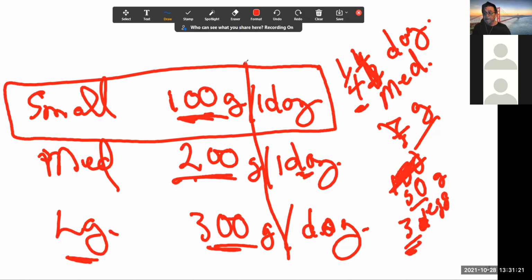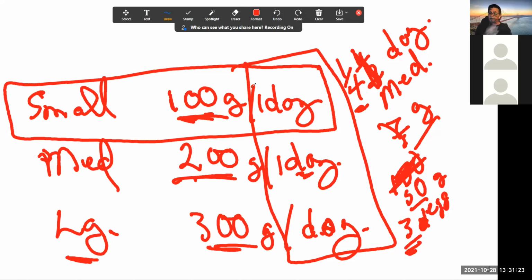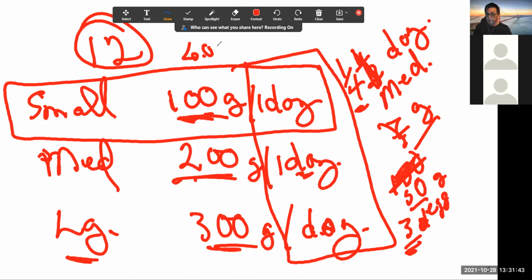In all 3 cases of these egg examples, I have 1 dozen, which is 12. Everybody agree on that? Which is the same thing when I did it with carbon, copper, and gold. In all cases, I had 1 mole, which was 6.02 times 10 to the 23rd.